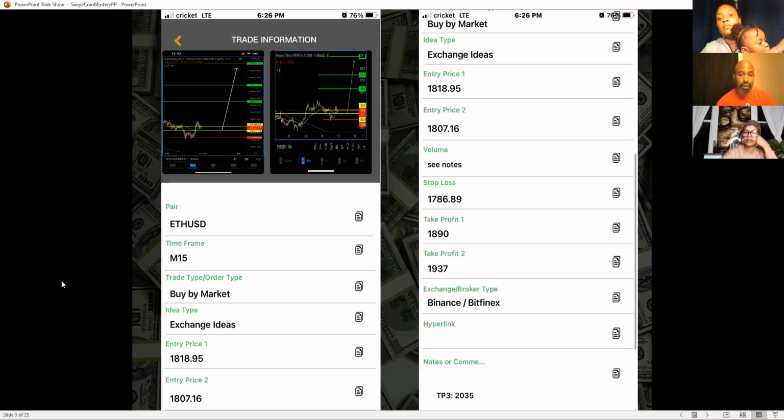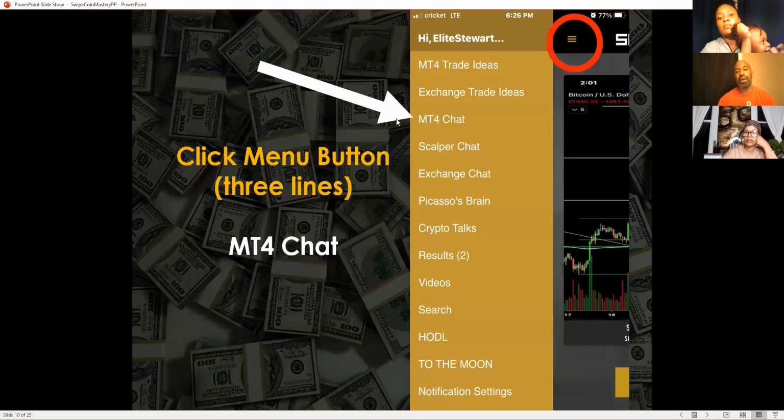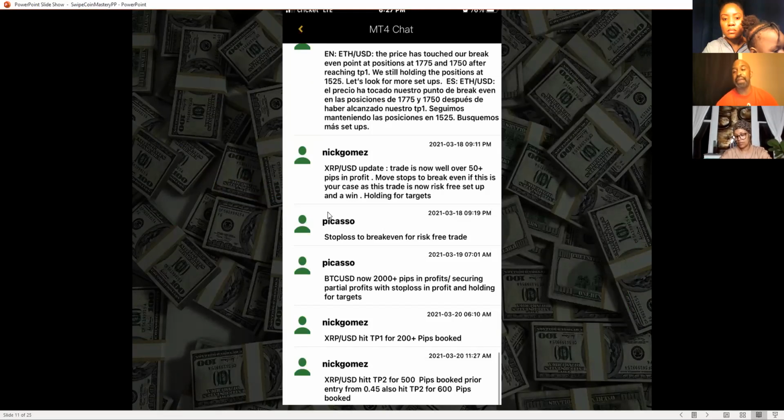From there, you will see the next tab, which is going to be the MetaTrader 4 chat. What that does is, once you tap on this chat, it gives you updates on the trades that have already been called.